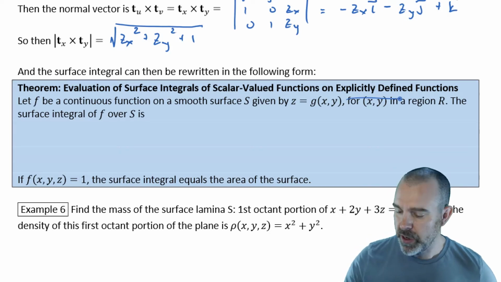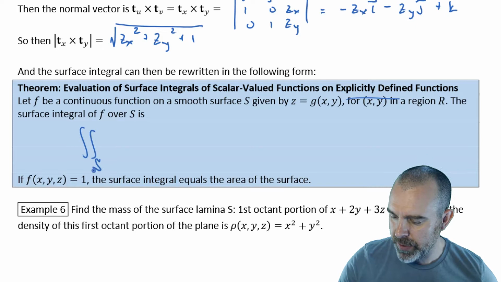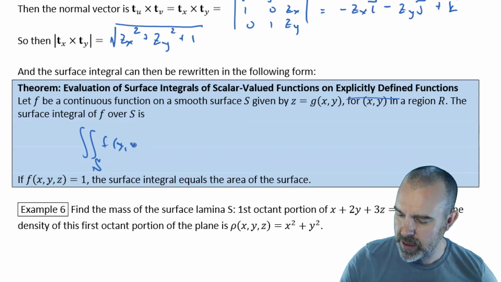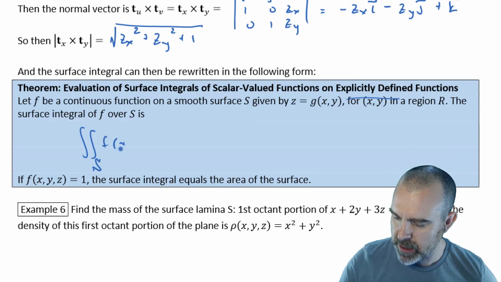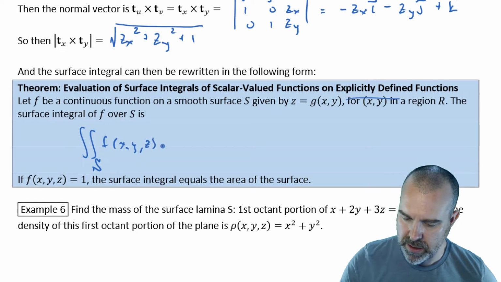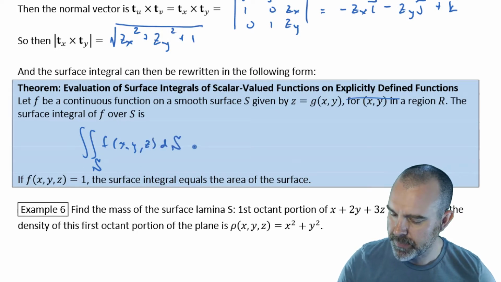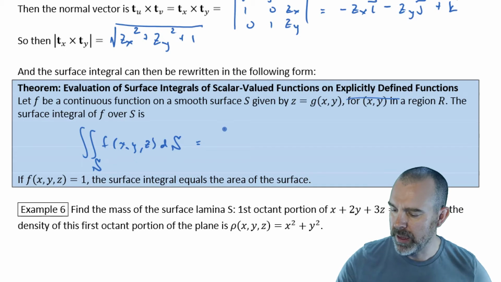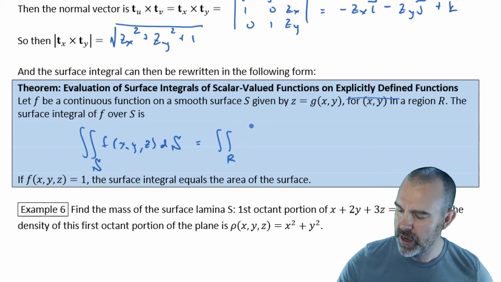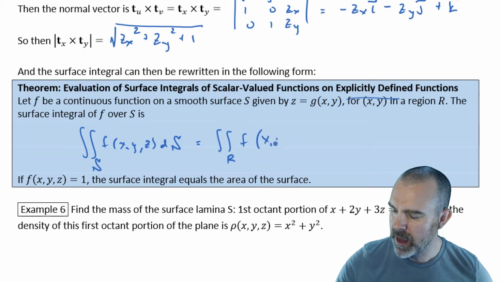All right, so the surface integral, the double integral over the surface of f of x, y, z dS, would be the double integral over the region of f of x, y, g of x, y, right?